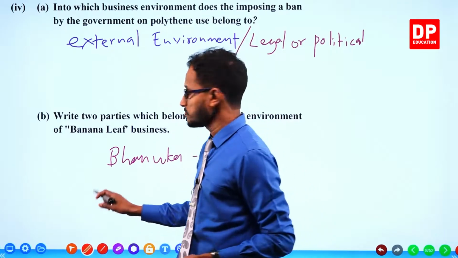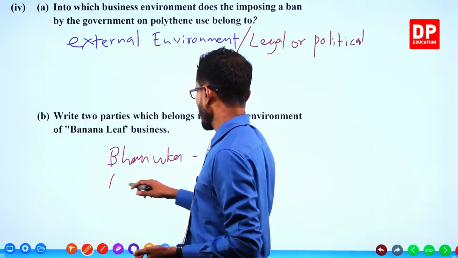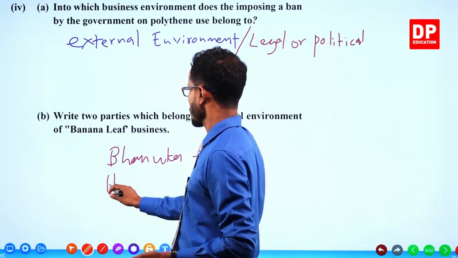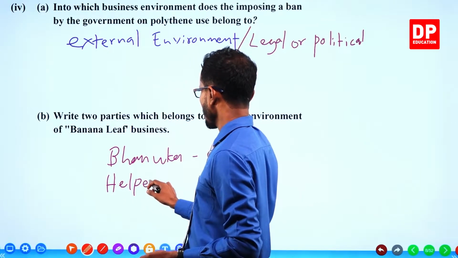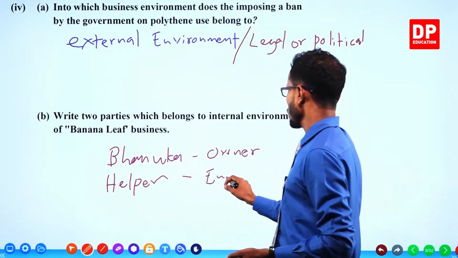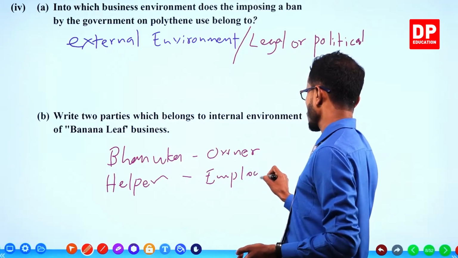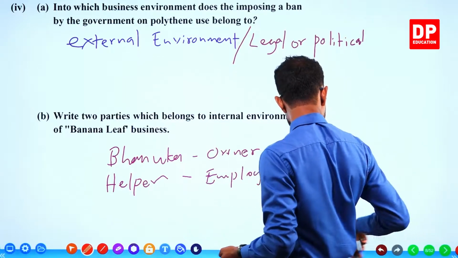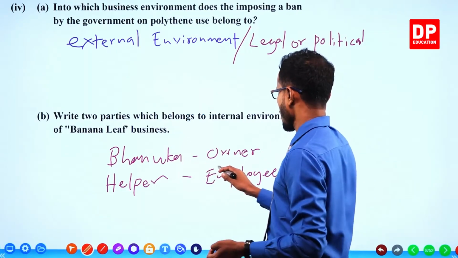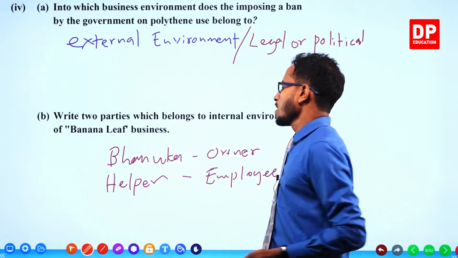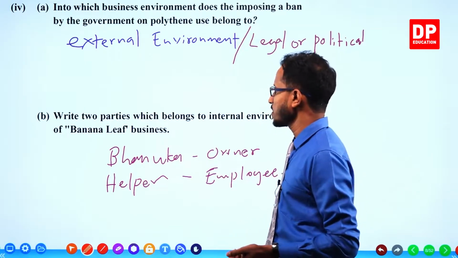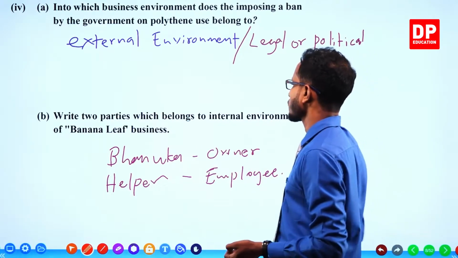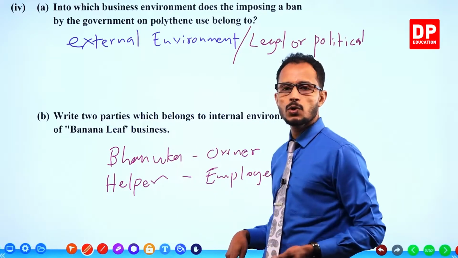And the employee, helper. Bhanuka is the owner, internal environment. And the helper is the employee.